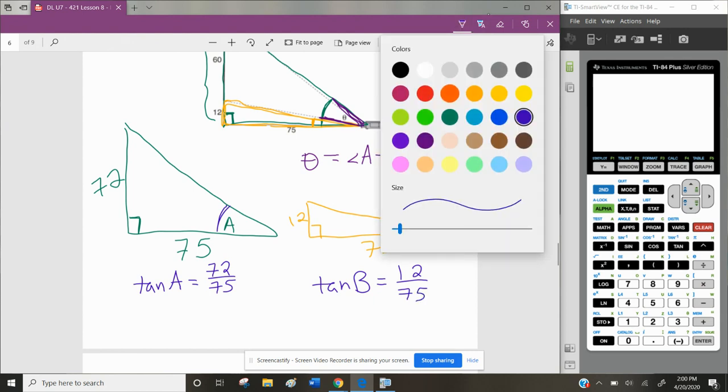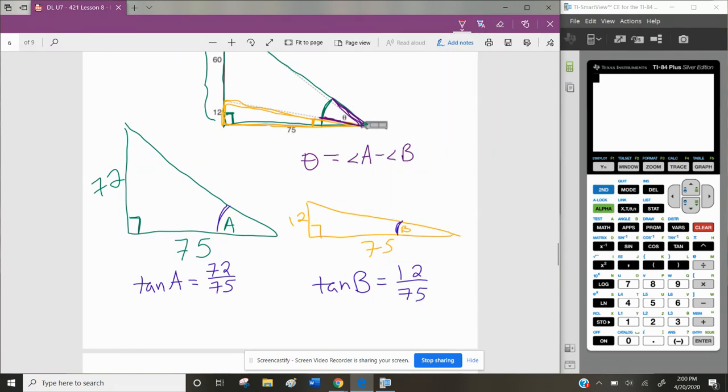So remember here, we cannot divide both sides by tangent. We have to use the arctan. So we know angle A will be the arctan of 72 over 75. And angle B will be the arctan of 12 over 75, and I'm going to subtract it.